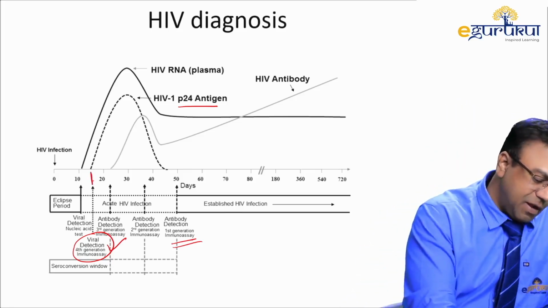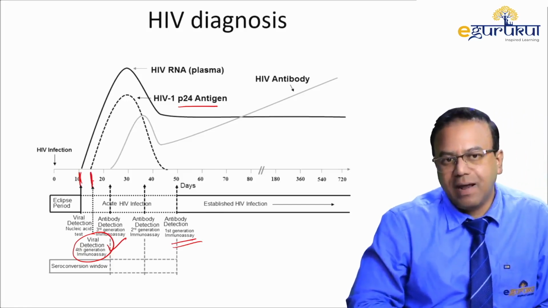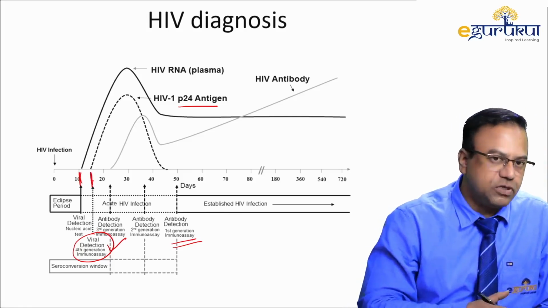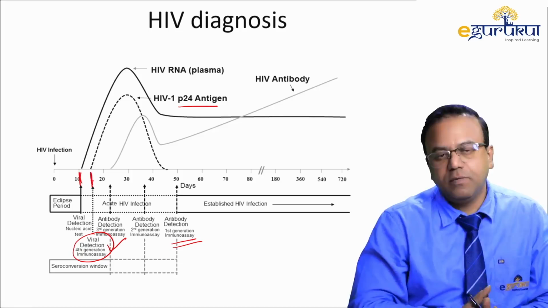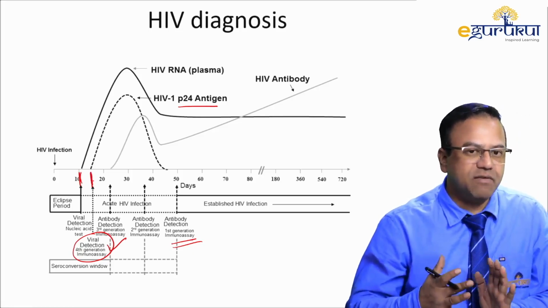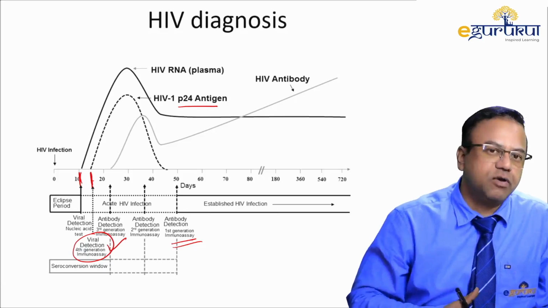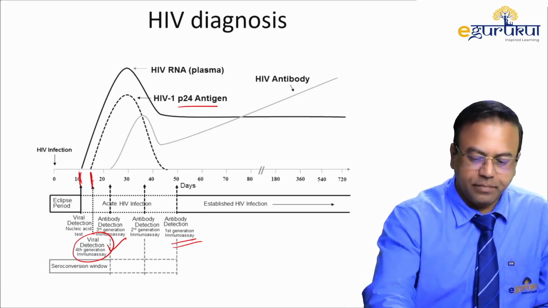See how early it can pick up; the gap between picking it up by RNA PCR and by the fourth generation assay is now very, very narrow. The window period we used to talk about is significantly decreased, and that's the advantage: we can make the diagnosis of acute HIV infection much earlier.